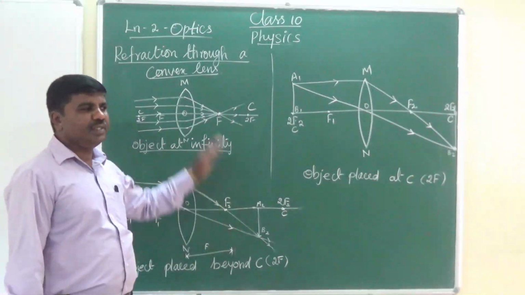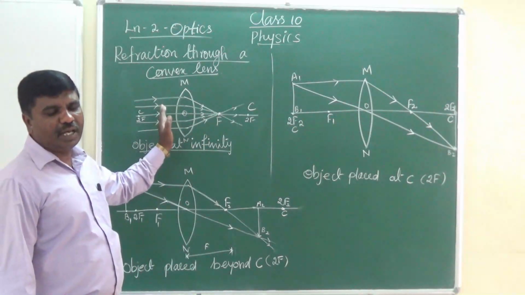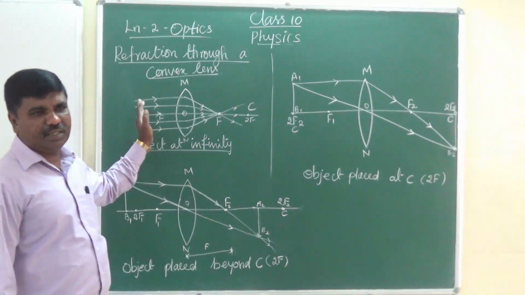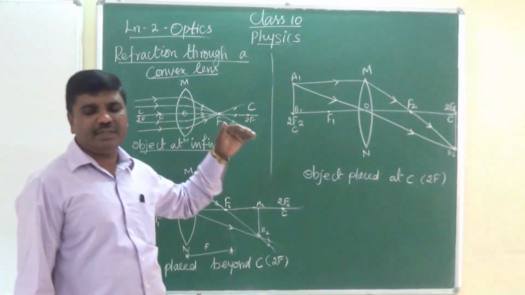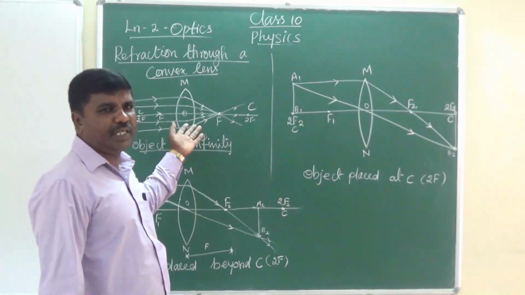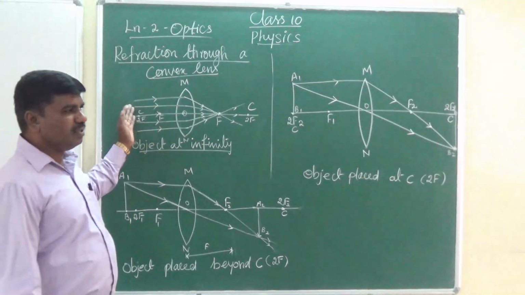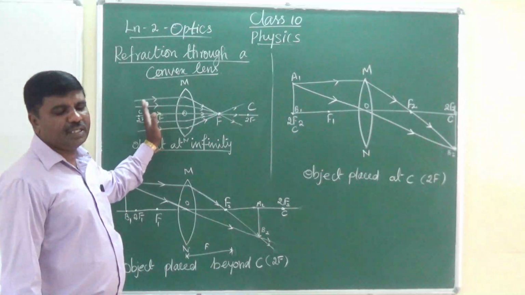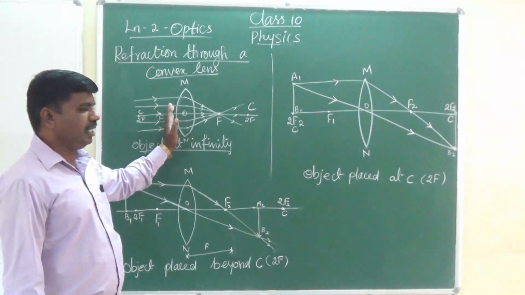Suppose it is very close, it may make an angle. So it is a far distance. When it is a far distance, we can say it is at infinity. When it is at infinity, the rays come from infinity as a number of rays parallel to the optic axis.